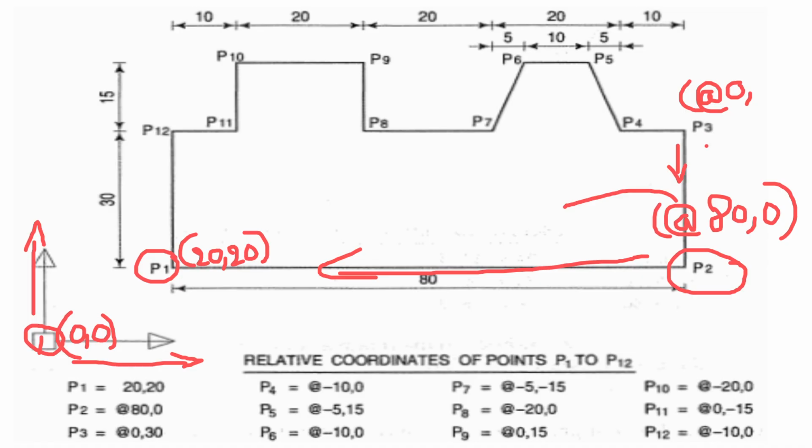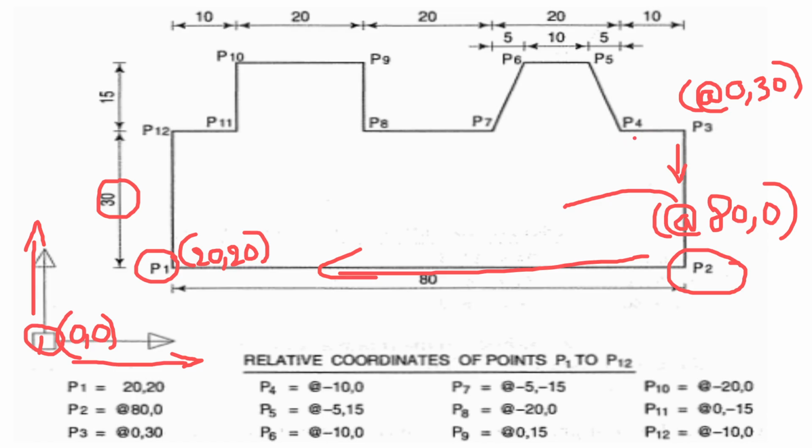For P3, P2 is the previous point. So the distance along the x-axis is 0, but the distance along the y-axis between P3 and P2 is 30. So I will write at the rate 0, comma 30. This is the coordinate for P3.